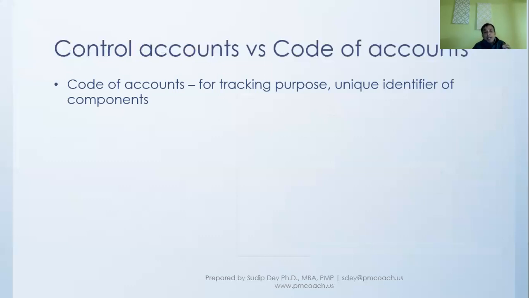Essentially, all the work packages will have a code of accounts, an identifier associated with it for tracking purposes. A unique identifier for these components, right? So when we say tracking, it means as we move through the project, we will be able to track: are we taking care of this particular component or not? Like we talked about in the traceability matrix.